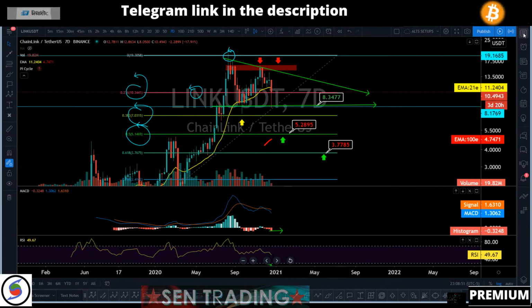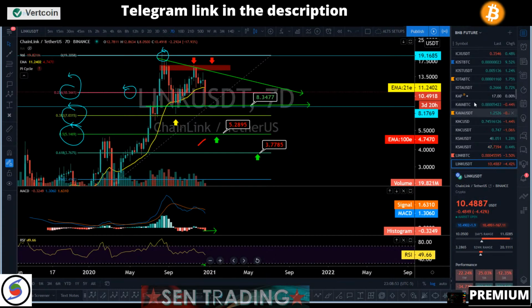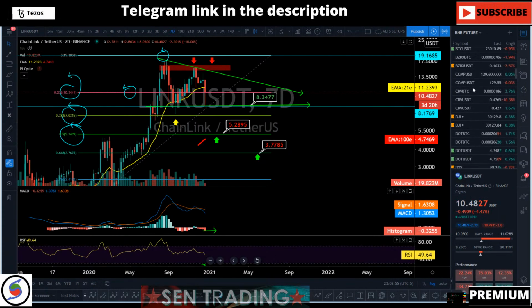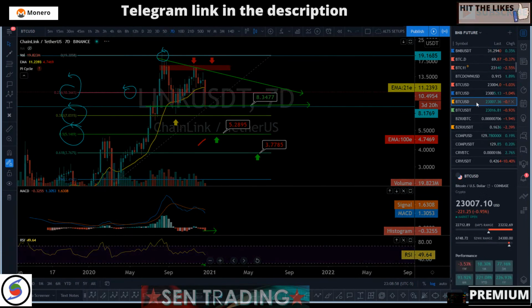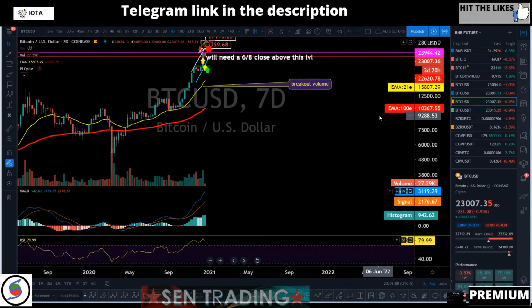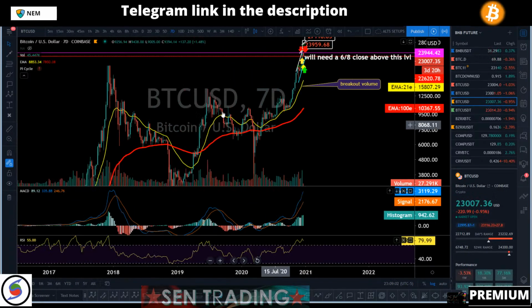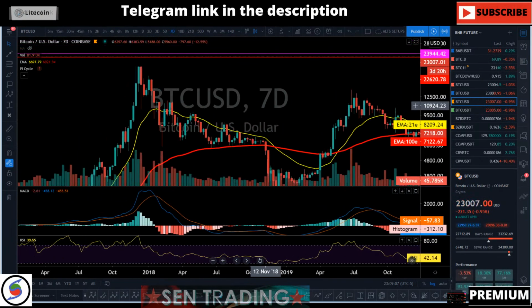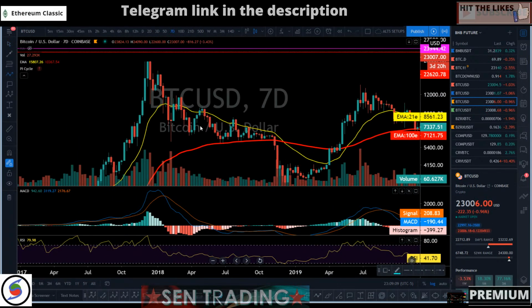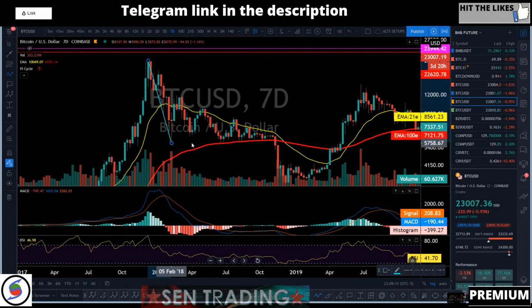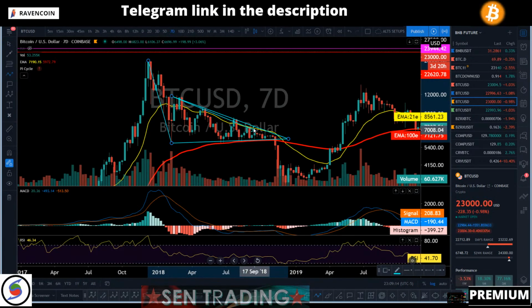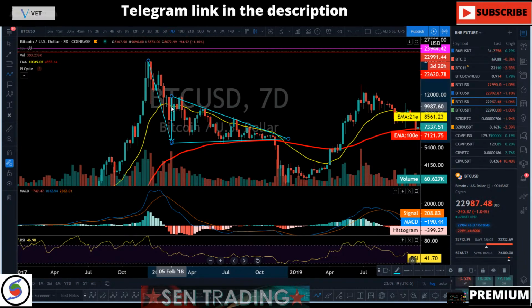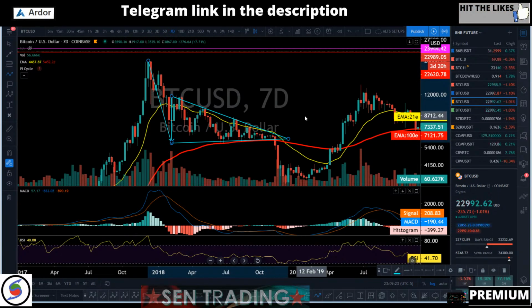If you go back to BTC in 2018, same thing, and people had to wait like a year. BTC was back up to 23,000. You can see right here, after we got this drop, BTC moved sideways for almost a year, from February all the way up to almost November, like 9 months, before the dump.